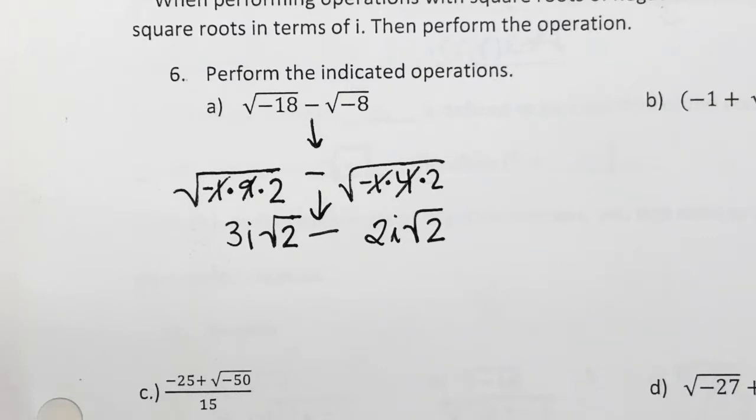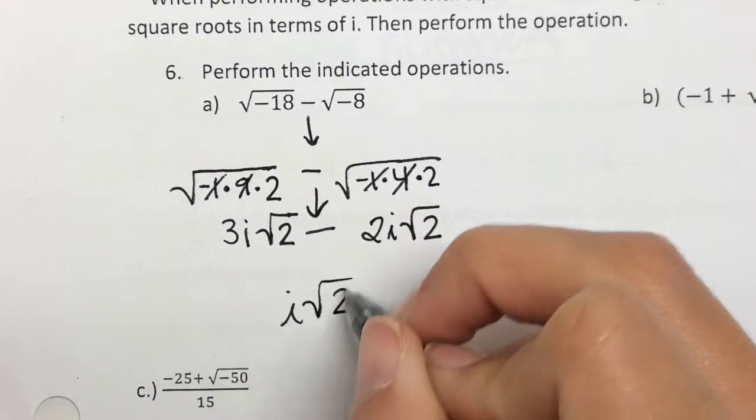Like this can't be a 3 right here. Okay? So same variable, same thing underneath the square root, and they're both square roots, so we can subtract them. So when I say subtract, we're only subtracting the what are these called? Coefficients. Good. So 3 minus 2? Just 1. Good. So i√2 would be our answer.